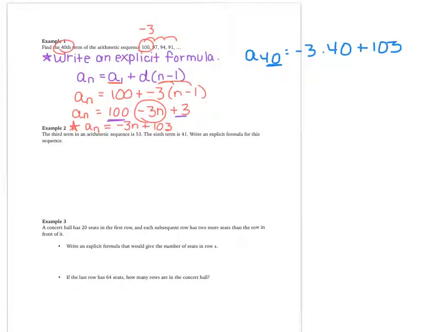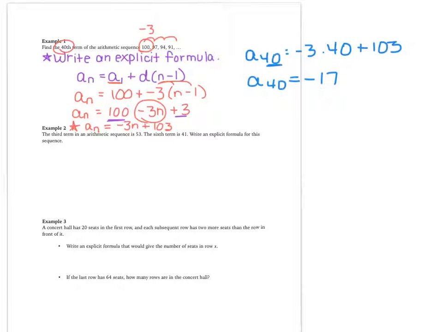Let's see, that's going to be negative 120 plus 103, which I believe is going to come out to be negative 17. So term 40 is actually negative 17 if I kept this sequence going. Okay? Now, I did this piece for your benefit because you're going to have problems where it just says, write me an explicit formula. Okay?